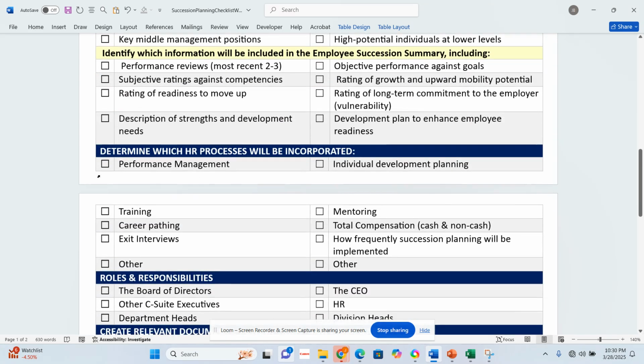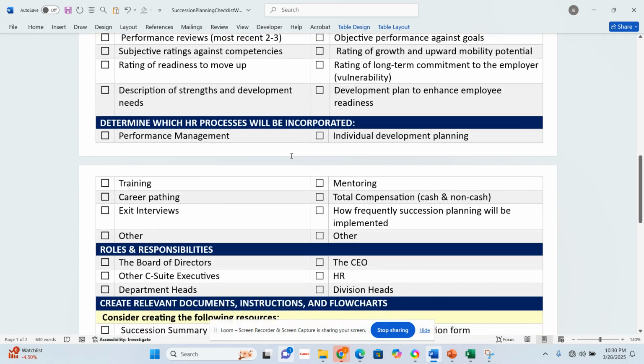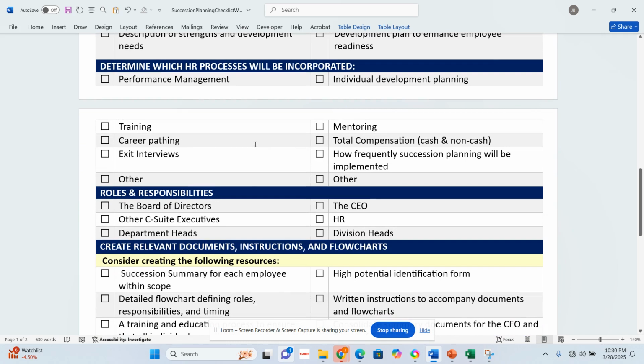And you're also going to determine which HR processes will be incorporated. So this is going to get you thinking about all the different components that are going to be needed in this succession plan. Determine which HR processes will be incorporated: training, career pathing, exit interviews, mentoring.